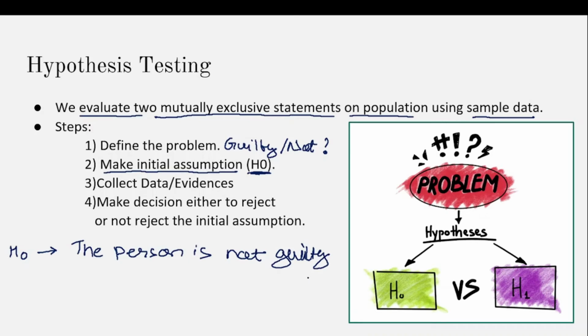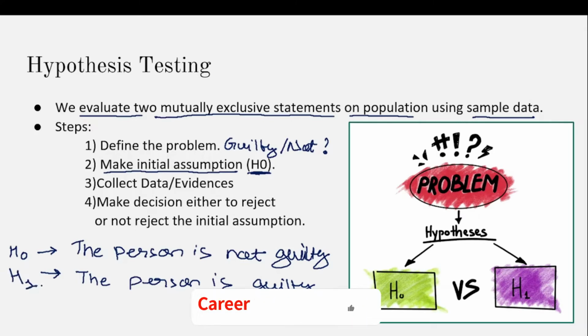The statement contradicting this can be that the person is guilty. I call this statement the alternate hypothesis or H1. So now I have two mutually exclusive statements, the null hypothesis and the alternate hypothesis.